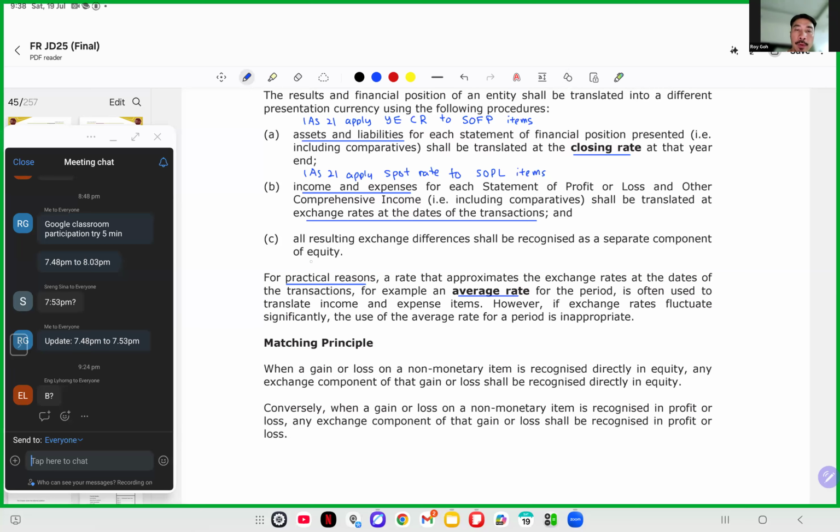So for P&L items, in the exam, you may use an average rate. It's called AR, for a stable exchange rate.